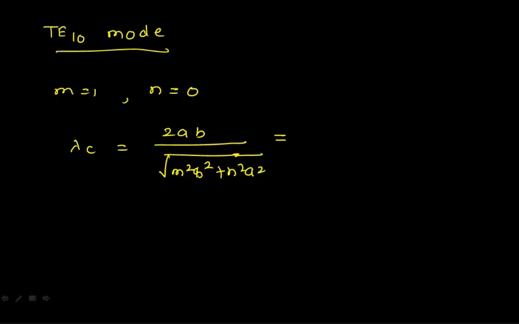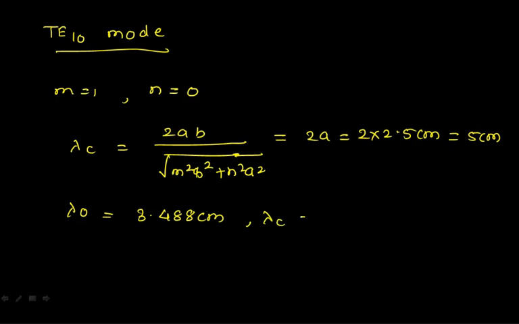So if n is 0, b will get cancelled, this will become twice of a, and 2 into 2.5 becomes 5 centimeter. Now I know that my lambda 0 is equal to 3.488 centimeter and lambda c is equal to 5 centimeter. So I can say that as my lambda c is greater than lambda 0, this mode is possible. So if this mode is possible, you can go for the further calculations.